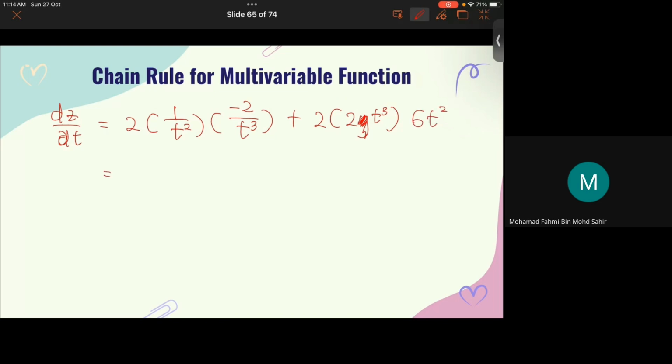So it will be equal to negative 4 over t to the power 5, plus 24t to the power 5. So this one will be your answer.